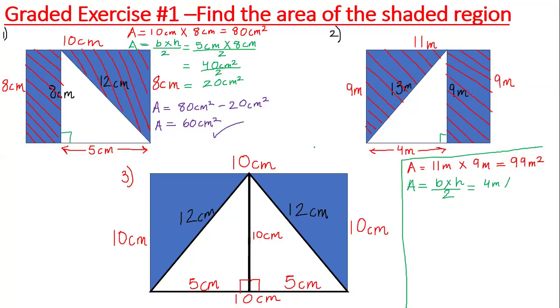Very good. So 4 times 9, all over 2. That equals 36 divided by 2, which is 18 meters squared. Very good.